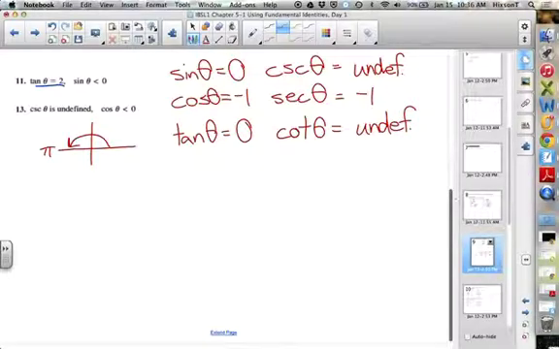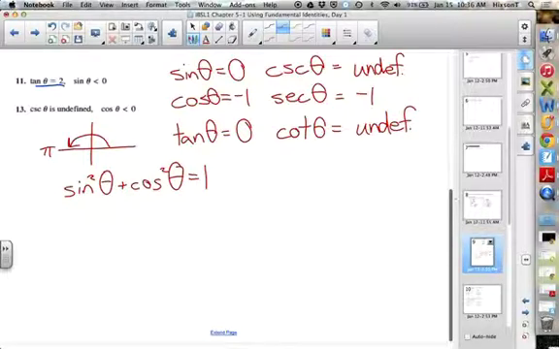How do we know cosine is negative? We know that one from our unit circle, because sine is 0 at pi. But actually we can get it even without using our unit circle. Remember, sine squared plus cosine squared equals 1.